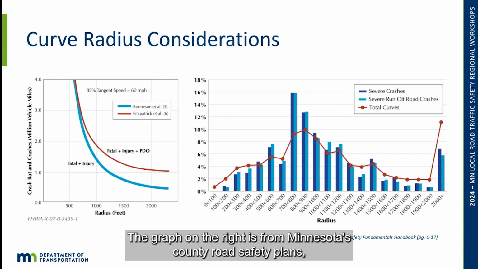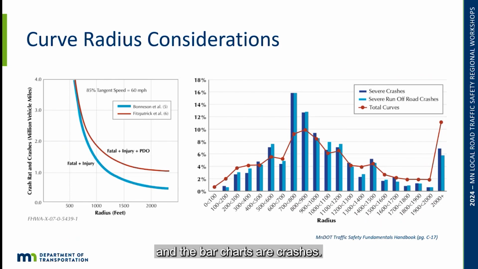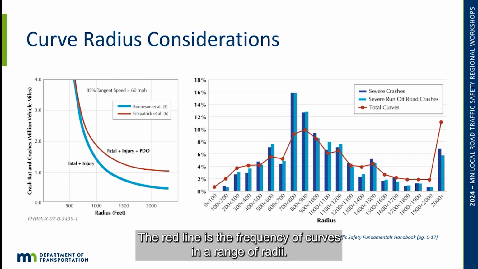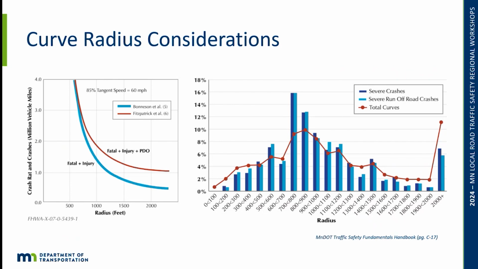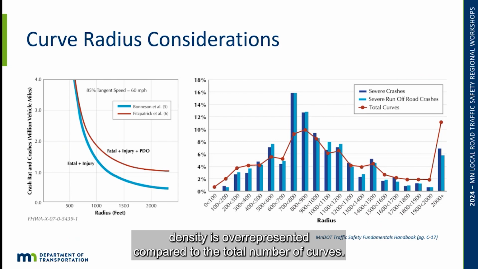The graph on the right is from Minnesota's County Road Safety Plans, and the bar charts are crashes, the vertical lines. The red line is the frequency of curves in a range of radii, and what this graph shows is that at radii starting at 500 feet, the crash density is overrepresented compared to the total number of curves.